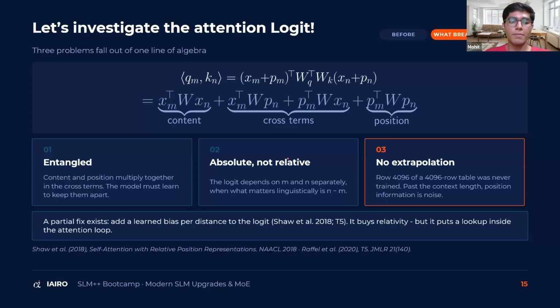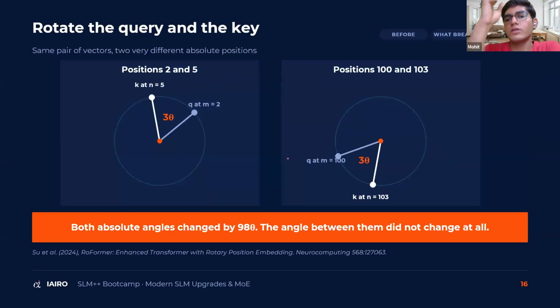So the upgrade which we got is called rotational positional embeddings, right? Let's forget all of the AI and go into our very first standard, maybe sixth standard physics, sixth standard vectors.